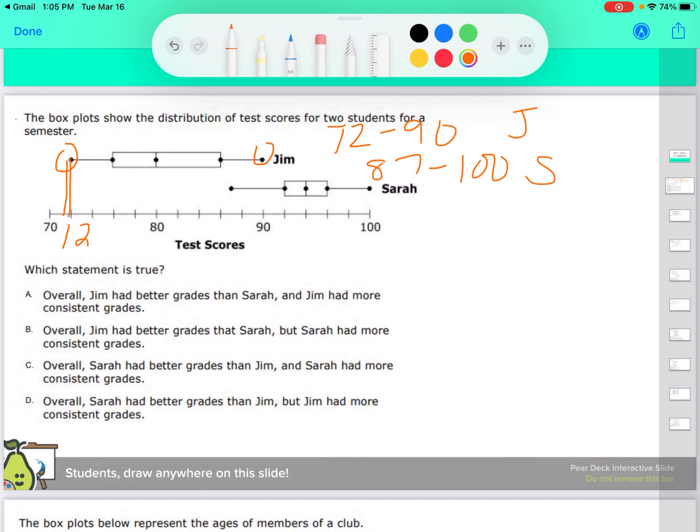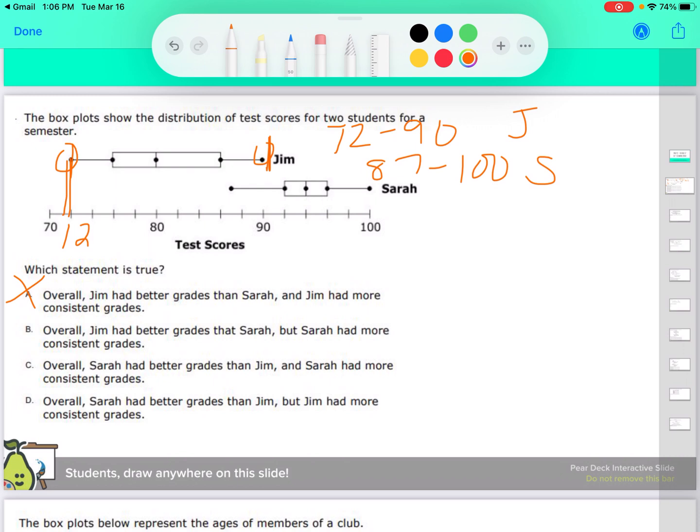Now I have to decide which one is true. Overall, Jim has better grades than Sarah. Jim had more consistent grades. Well, Jim's spread is really far, and he scores everything from a 72 to a 90, whereas she is a B to an A student. So I'm going to cross out A. B: overall, Jim had better grades than Sarah, but Sarah had more consistent grades.